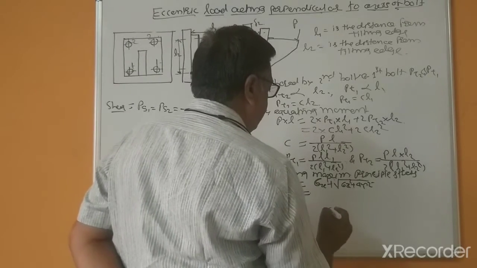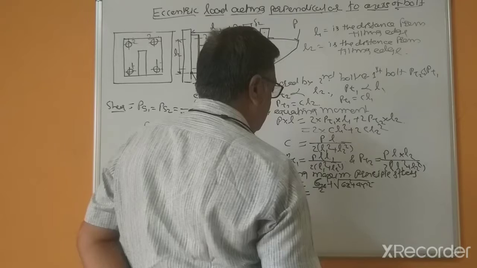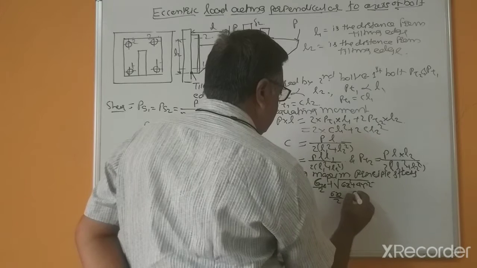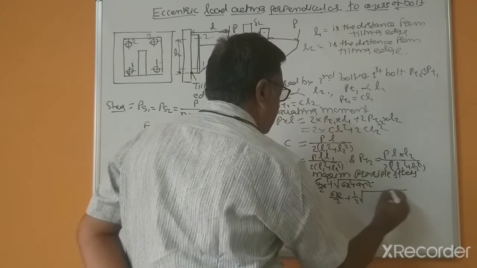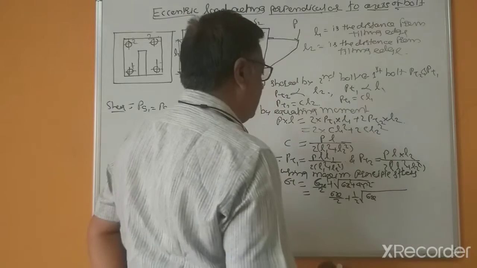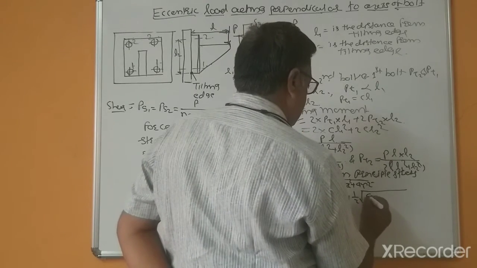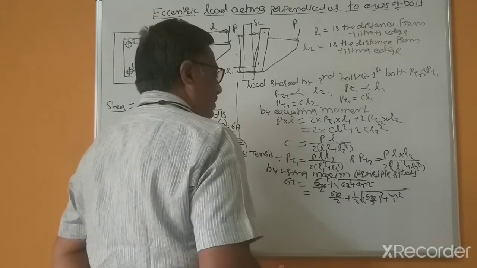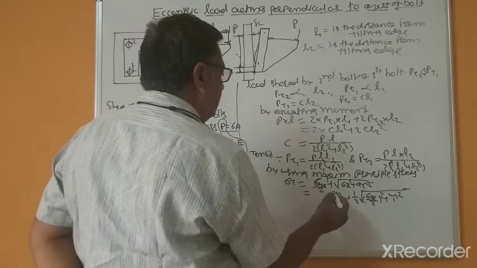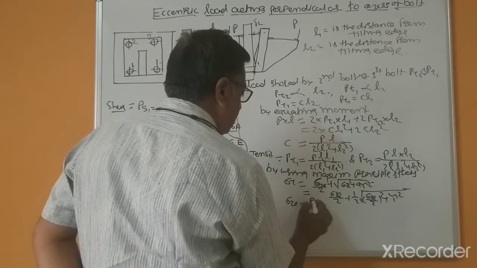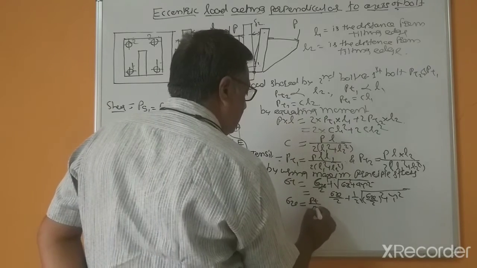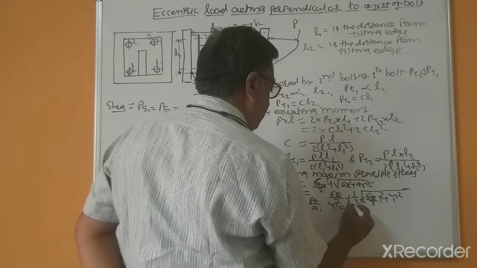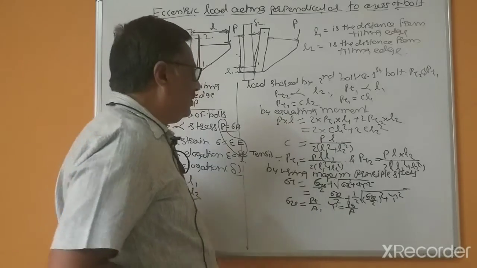So you can write sigma x divided by 2 plus the square root of bracket sigma x divided by 2 squared plus tau square. Now sigma x equal to Pt divided by A, and tau equal to Ps divided by A. This is clear.